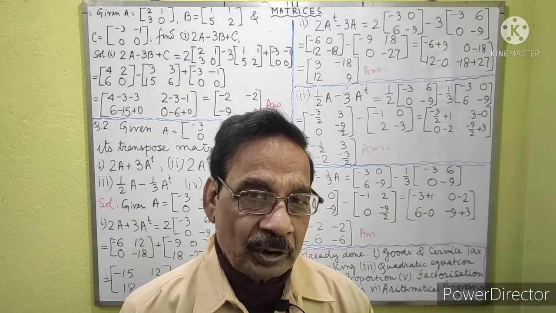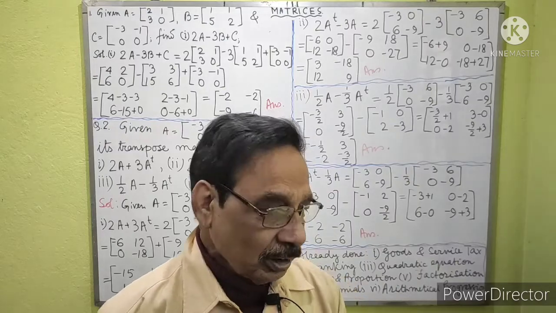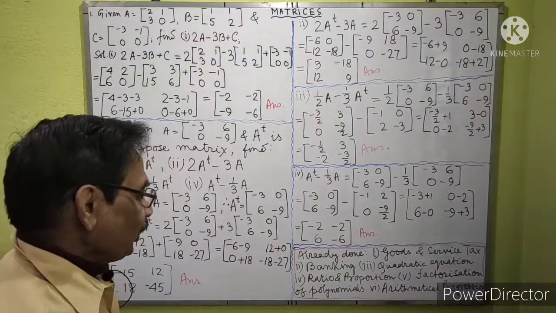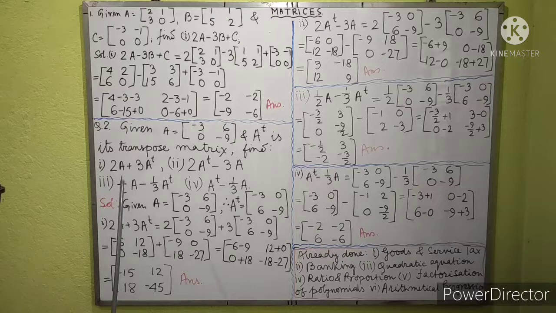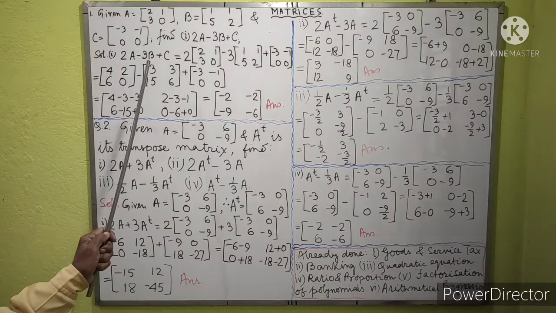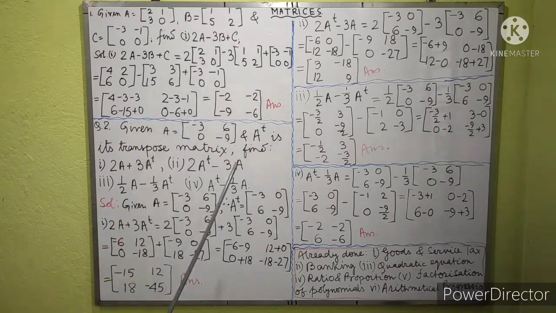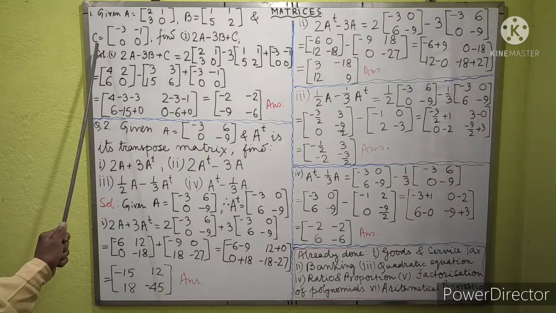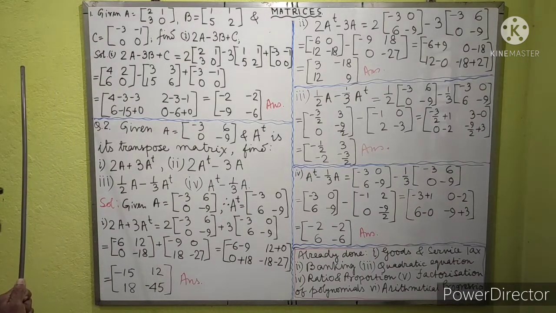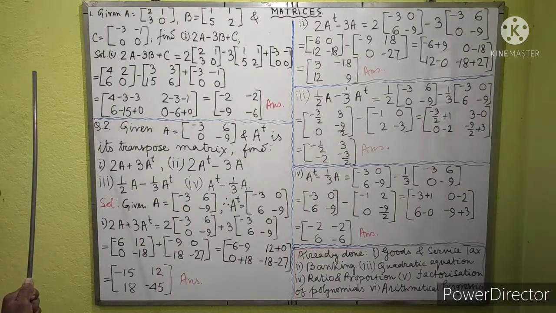Now this is matrix. The first question is given: A equal to [2 1; 3 0], B equal to [1 1; 5 2]. These are the elements of A and B, and C is also like this: [-3 -1; 0 0].